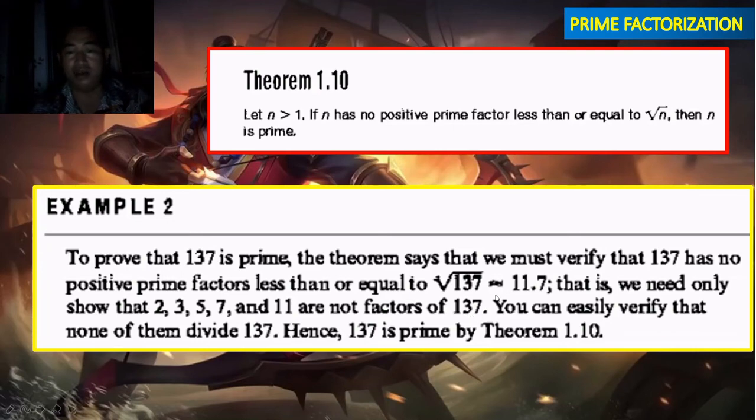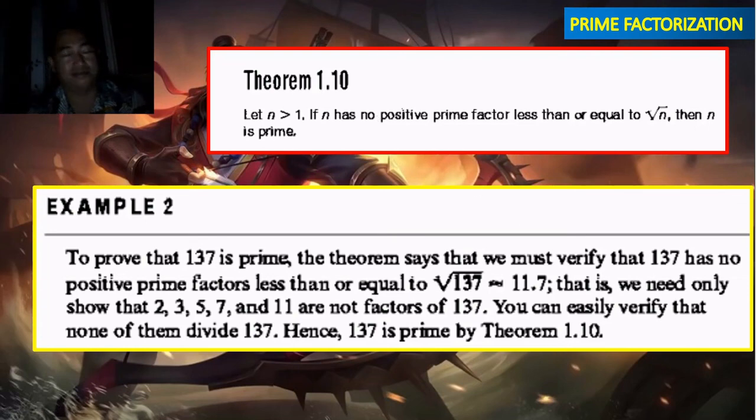But 1 plus 3 plus 7 is 11, so it is not divisible by 3. It is not divisible by 5, since it does not end in 5. It is not divisible by 7, and not divisible by 11. You can use a calculator to check that none of them divide it. Hence, 137 is prime by Theorem 1.10.